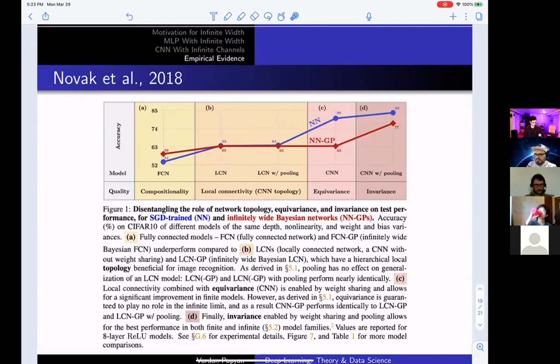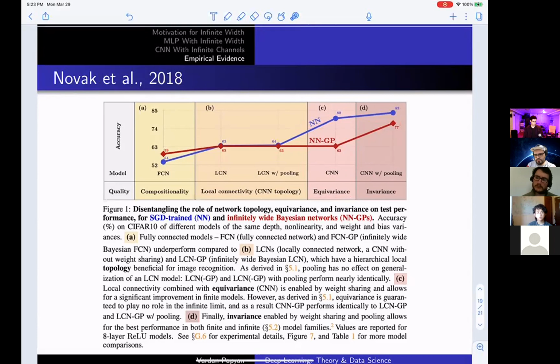And then the next important thing is what happens if you do local weight sharing, which they call equivariance, which is basically a convolutional neural network. What they show is that a neural network is able to increase performance by a lot, whereas an infinite width network is not able to improve performance.